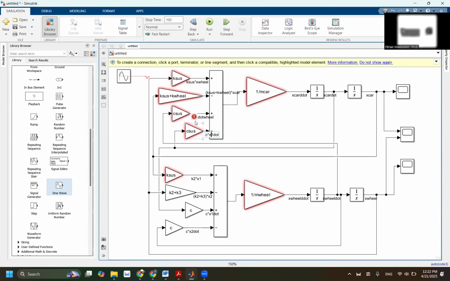This is the CSAS multiplied by X car. Right. Second one is cases multiplied by X car.